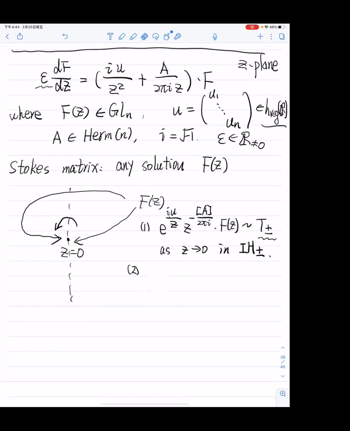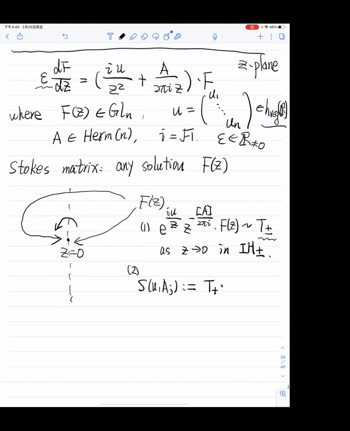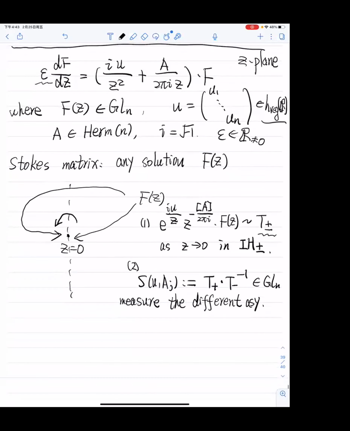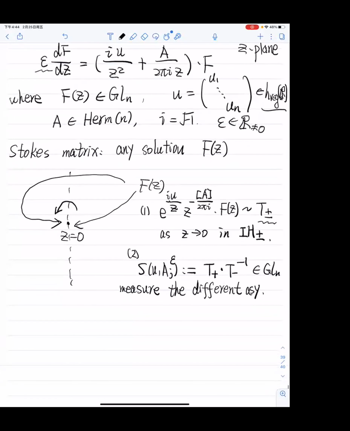Here I'm going to use S(U, A, epsilon) to denote the ratio of these two invertible matrices. So this is simply an invertible n-by-n matrix. One can think of it as measuring the different asymptotics of the solution F(z). Here there exists some epsilon, right?